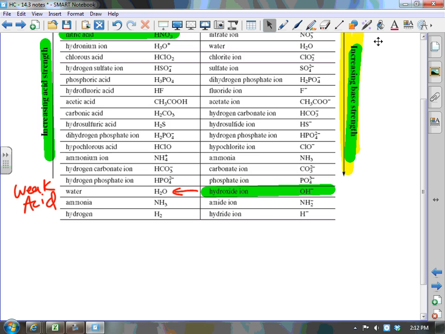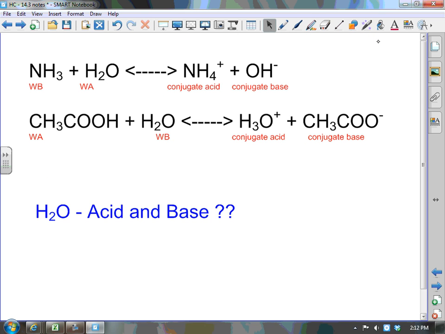We've been talking a lot about water. Water actually can be an acid or a base. Even though we talk about it being neutral, it depends upon what it's paired with. And this will be important when we get into chapter 15. There are two examples: in the first, water is acting like an acid, and in the second, water is acting like a base.